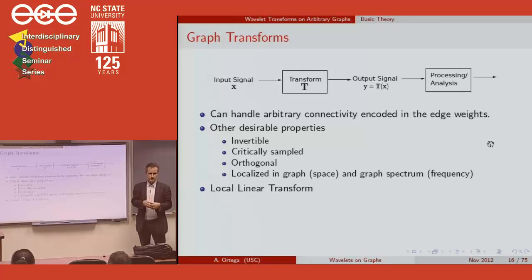For example, a basis might be very localized if it's non-zero only within k hops of one particular node. So in graphs, you can also think in terms of localization in space, in the vertex domain, and in frequency.